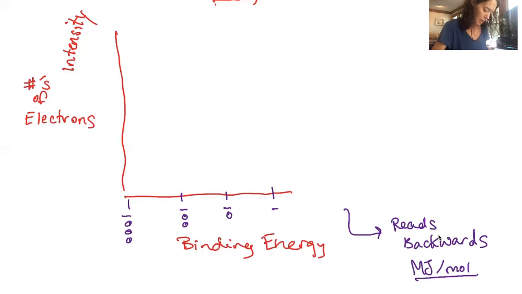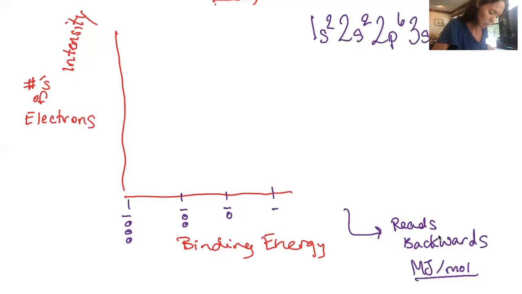Okay? And what we would see is, let's see, I've never actually, oh, I have drawn one. You got to think real quick. Well, let me let you see what I'm drawing. 1s2, 2s2. This is perfect, Miss Murphy. This is the perfect way to kind of detail this.